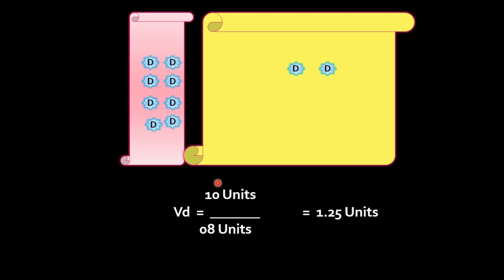If we apply the same equation in this situation, the total drug in the body is 10 units, and we get 8 units in the blood or plasma, so the volume of distribution is just 1.25 units. That is a very restricted or narrower volume of distribution of this drug. And this has a very important impact on the plasma half-life of a drug.